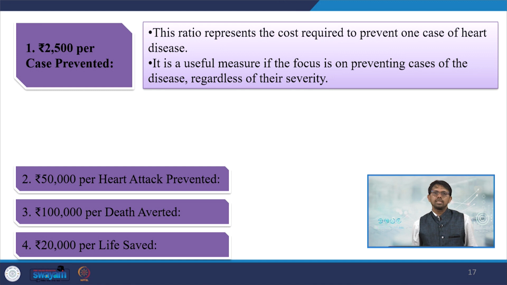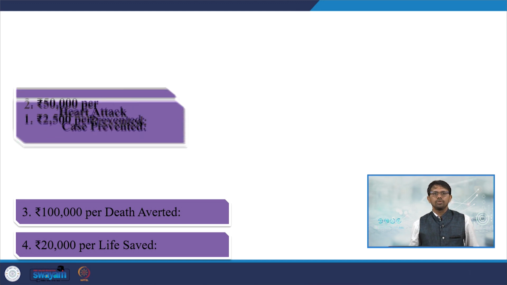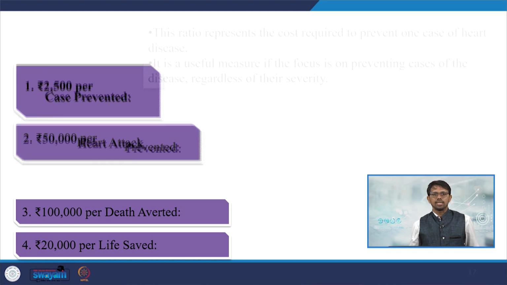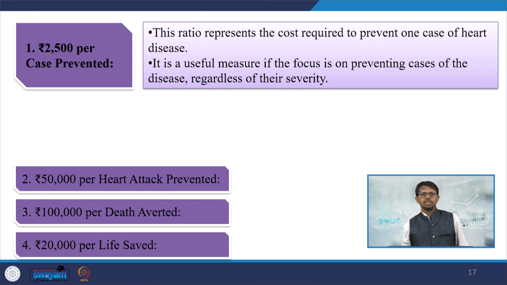This ratio represents the cost required to prevent one case of heart disease. It is a useful measure if the focus is on preventing the cases of the disease regardless of their severity. So the focus is basically on preventing cases.